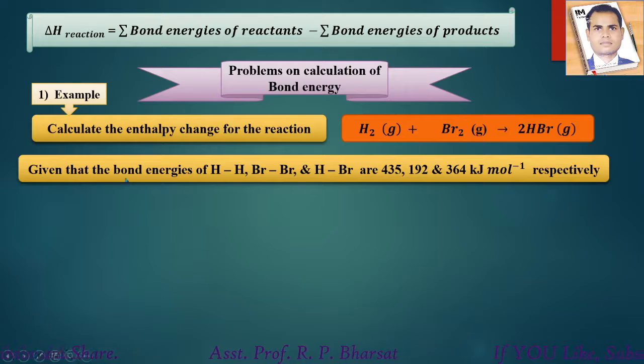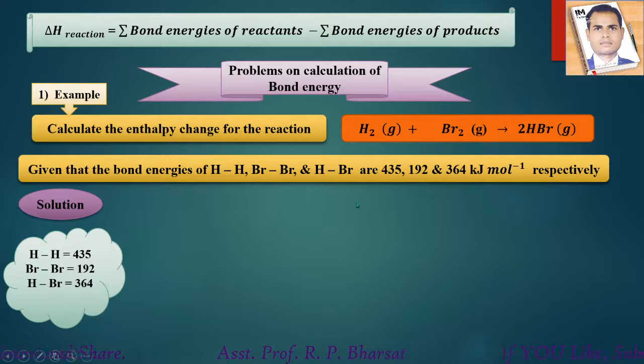The bond energies are given: 435 kJ per mole for the H-H bond, 192 for the Br-Br bond, and 364 kilojoules per mole for the H-Br bond. So respectively we have seen the bond energies of all these bonds.